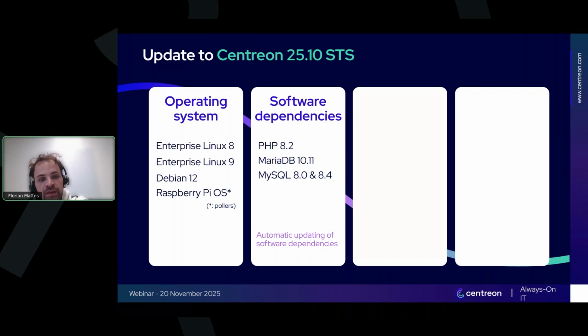Good to know that MySQL 8 will be end of life in April next year. So to validate the 24.10 Centreon Infra Monitoring version's end of life, we will also support MySQL 8.4 in the 24.10 Centreon Infra Monitoring version.